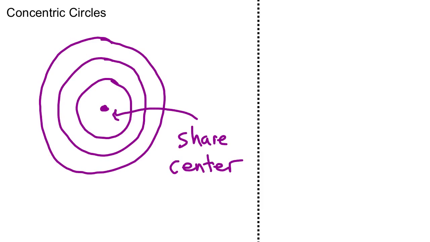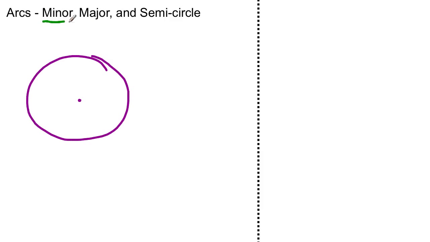Cool. And then this is the last term: arcs, major, minor, and semicircle. So on a circle here, I'm going to make this one nice and big. Here we got our center point. When we talk about arcs, the first one is a minor arc, and this one's a small one.